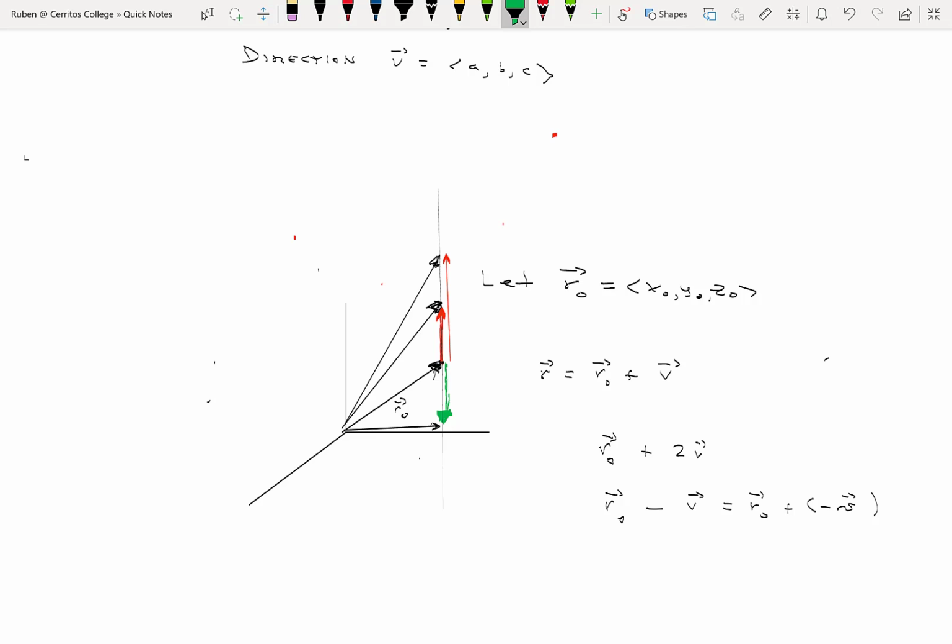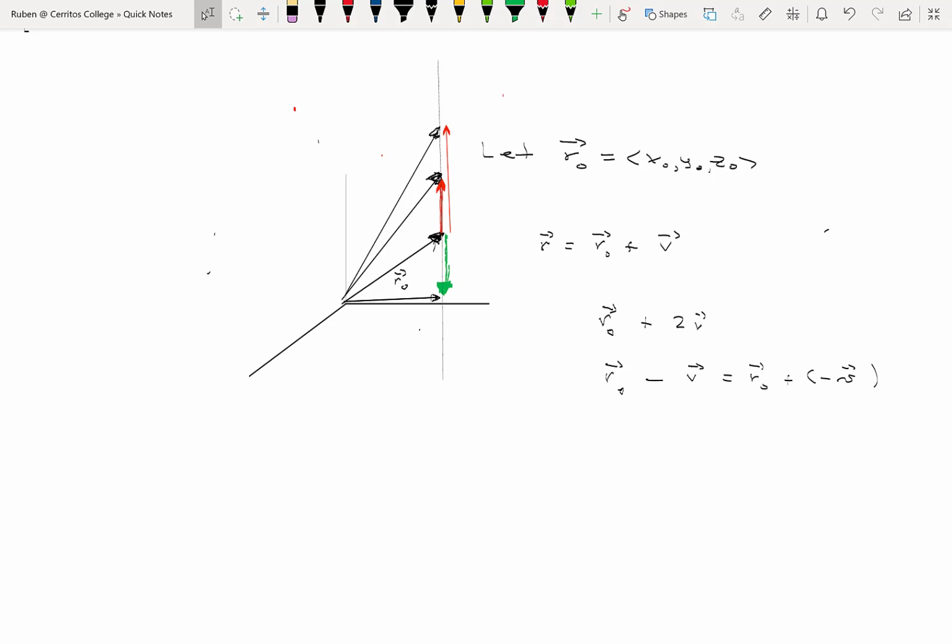So as we consider adding r naught plus different multiples of v, we trace out the line. So all these vectors, r equals r naught plus v, r naught plus 2v, r naught minus v, are all vectors that lie on the line. So it seems reasonable to expect that r equals r naught plus any multiple t of the direction vector v will be on the line.